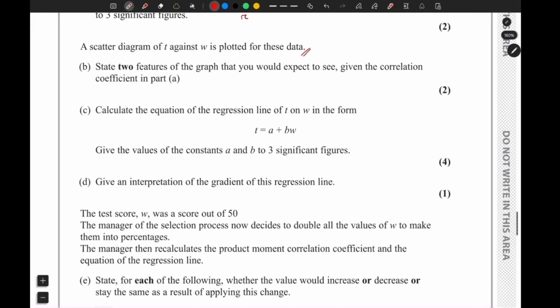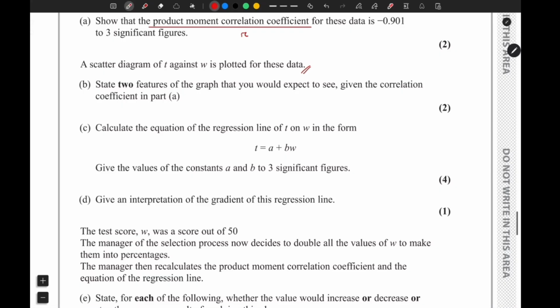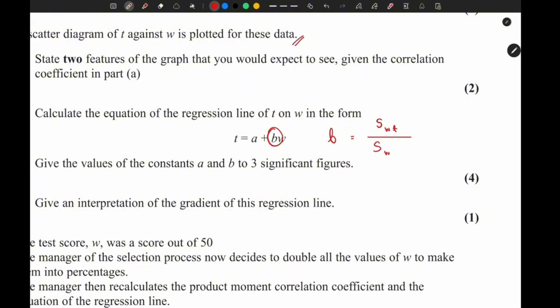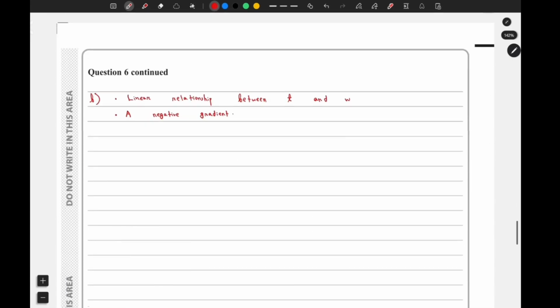Moving on to the next question, we need to calculate the equation of the regression line of t on w. First of all, we need to calculate the value of b. The value of b is equal to the summary statistic of w and t divided by the summary statistic of w and w. This is basically a formula.